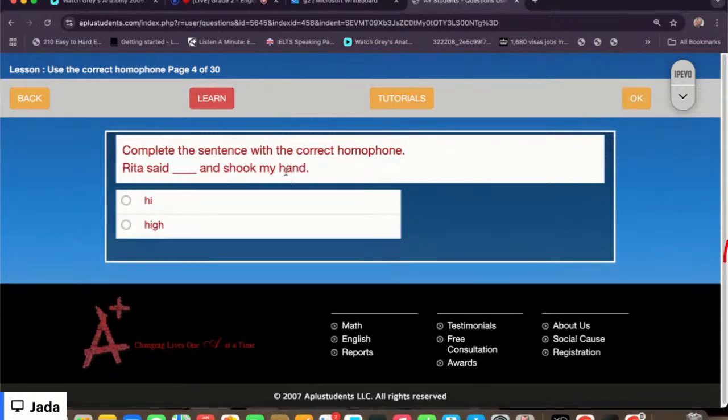Rita said dash and shook my hand. Hi or high, which of them? Okay, so said hi.